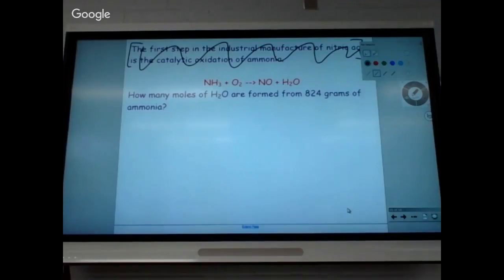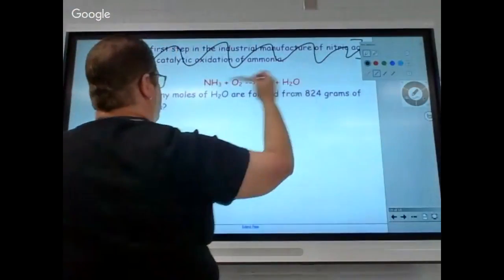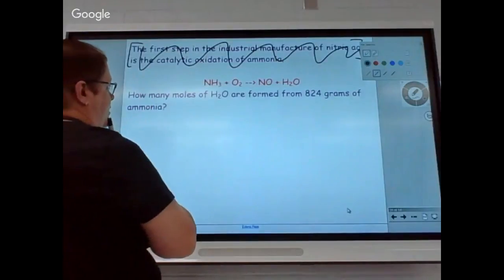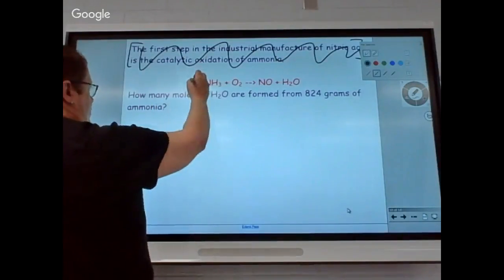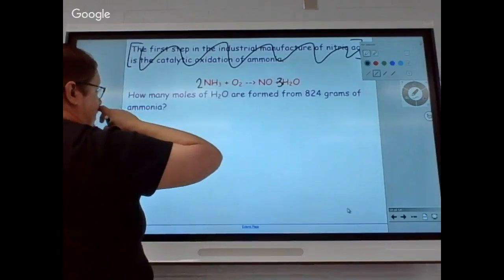Now, when you look at the equation, is the equation balanced? No. All right. So when you look at it, what doesn't balance in the equation? Okay. So if we start to balance the H's first, we have 3 and we have 2. So we could start there and say 2 and 3, which would give us 2 N's.